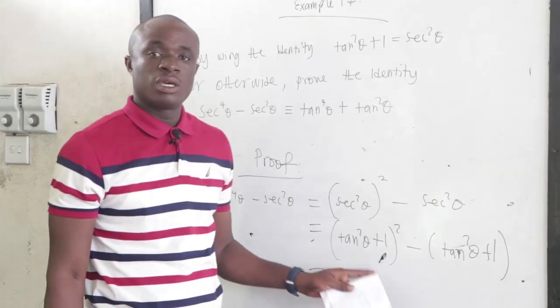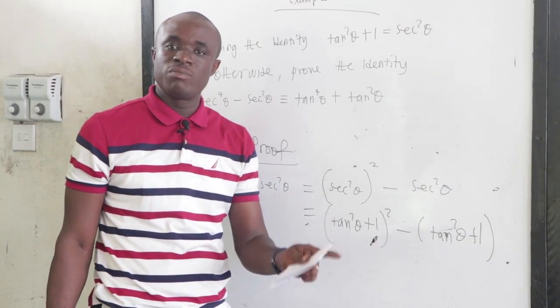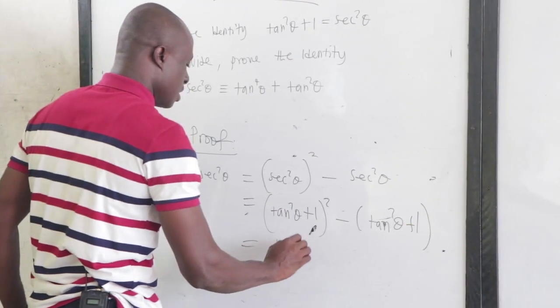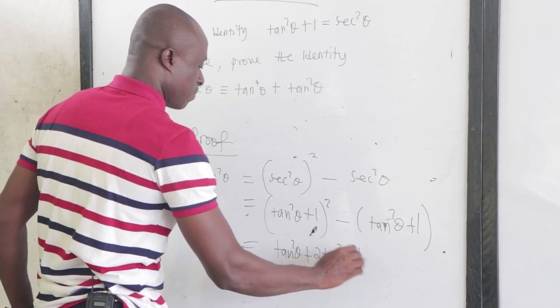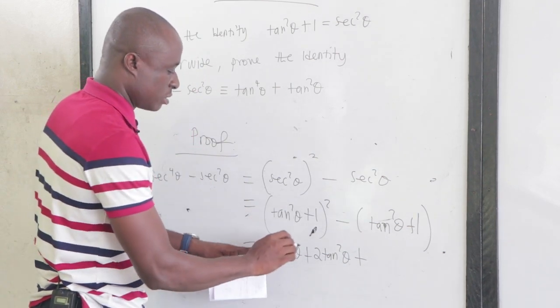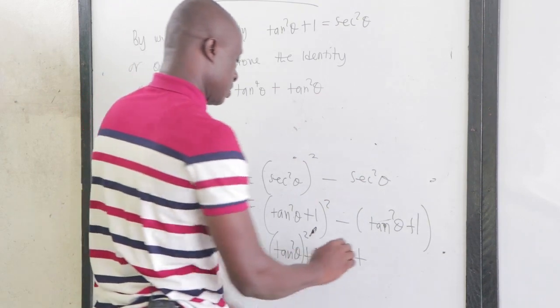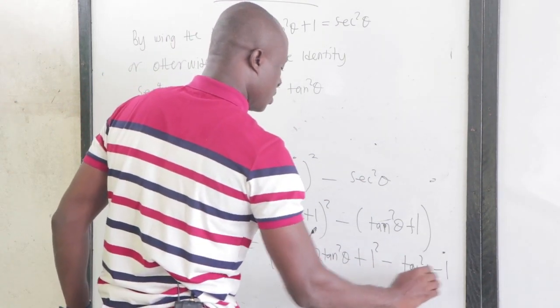Now, this is of the form a plus b all to the power 2, which is a squared plus 2ab plus b squared. So expanding this is just tan squared theta, that is a squared, plus 2 tan squared theta, plus 1 squared, minus tan squared theta minus 1.